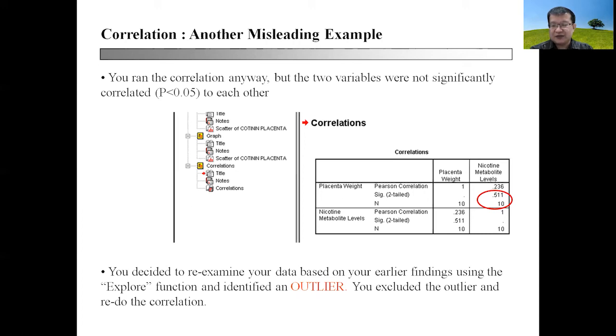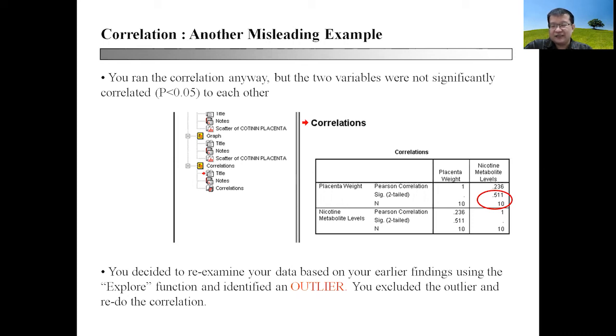So with Pearson's correlation, regardless of significance or non-significance, there will always be a value of correlation coefficient. However, whether this should be taken into account very much depends on the two-tailed significance. In this case, since the p-value is more than 0.05, even though we have a correlation coefficient, this relationship is actually meaningless because it is not statistically significant.